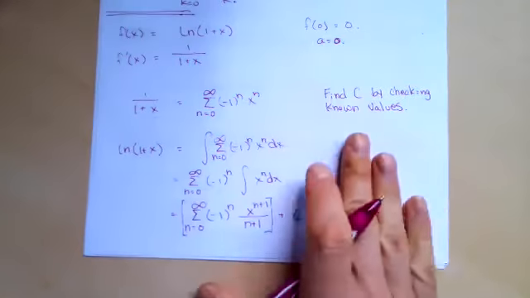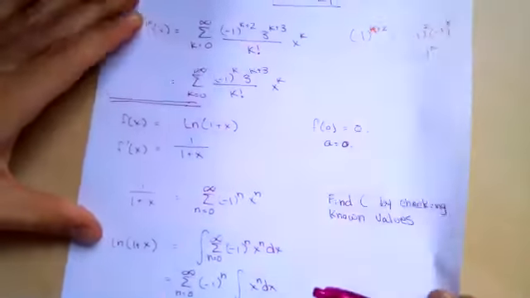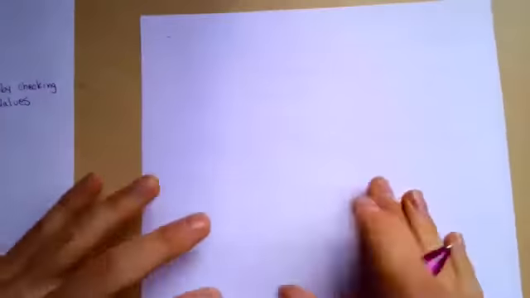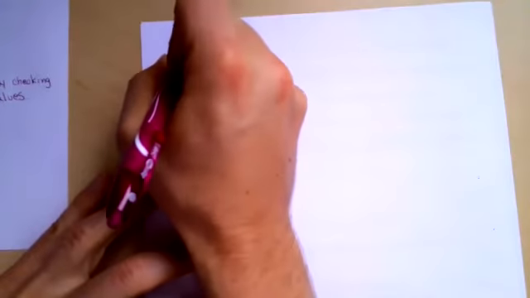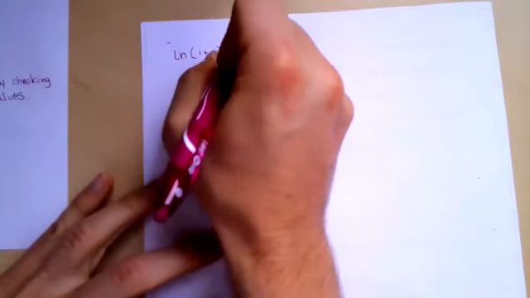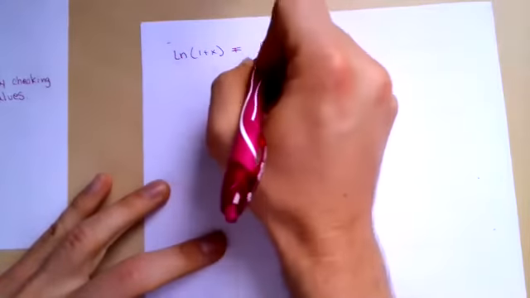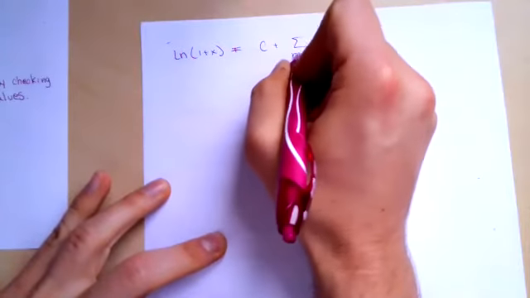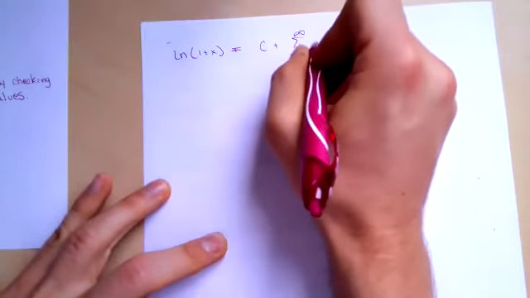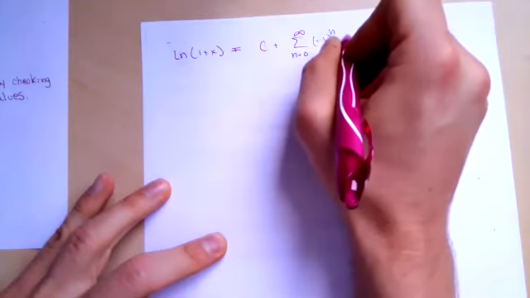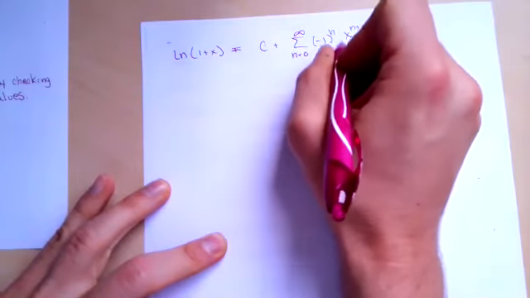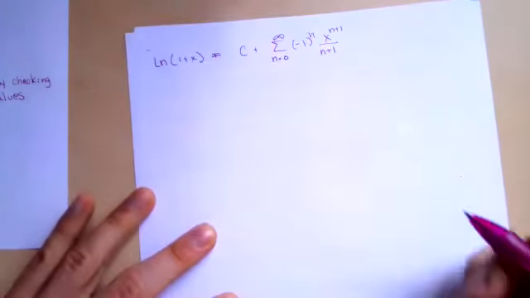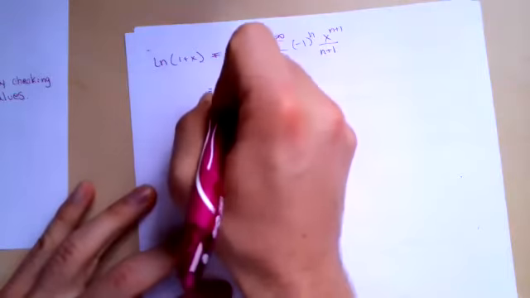I don't think I have space for it. Let's just use a new sheet. So we've got natural log of 1 plus x. I'm going to put the c on the outside on the left here is equal to a constant plus our series. And if you want, you can write that out.